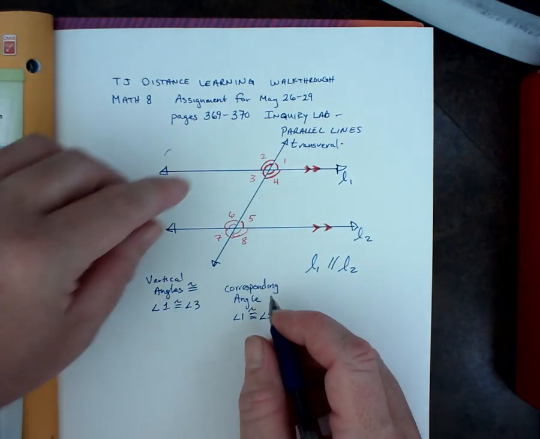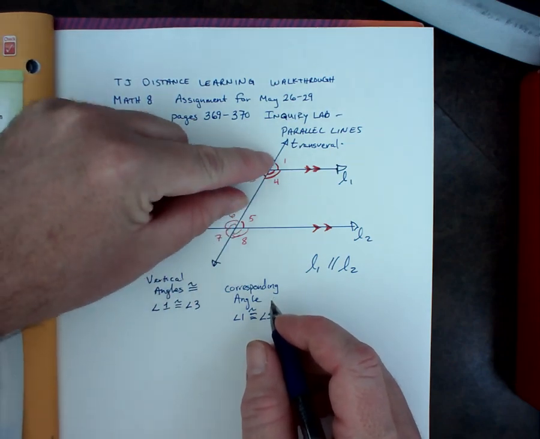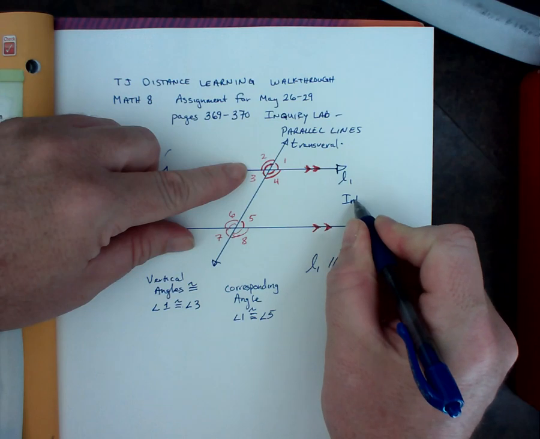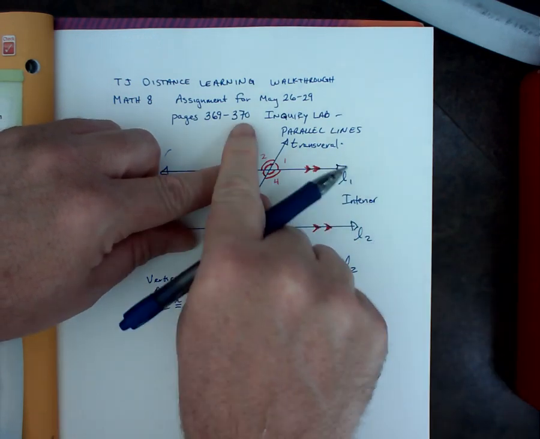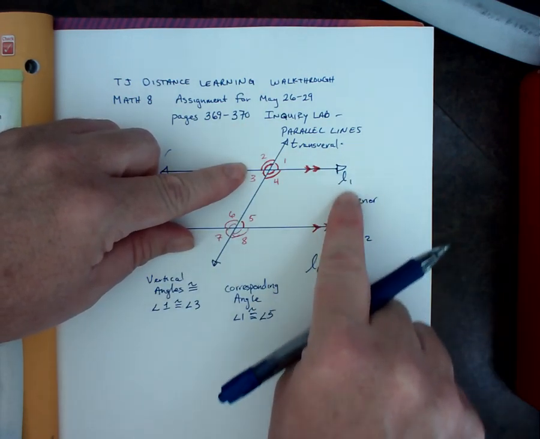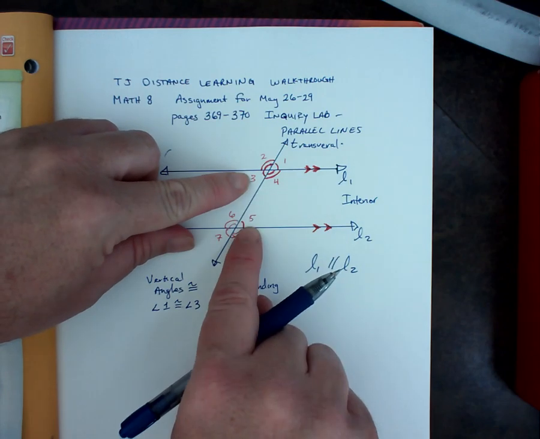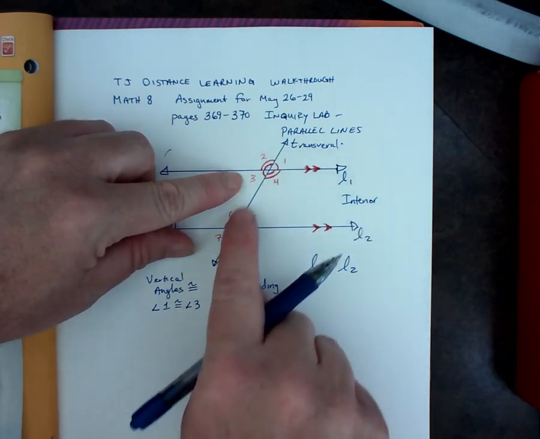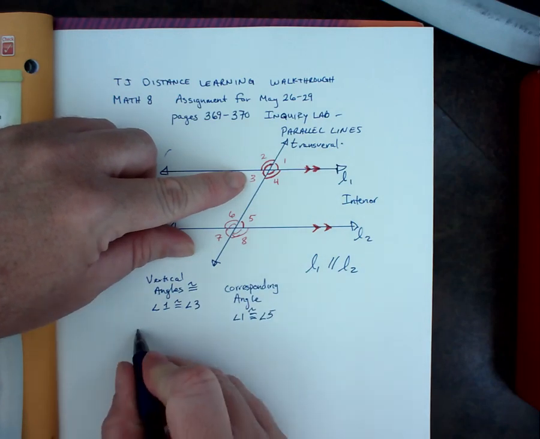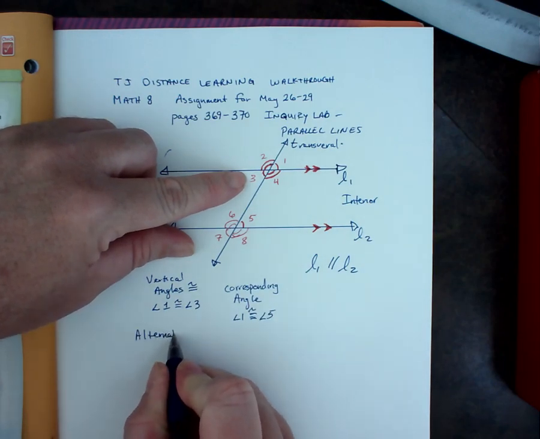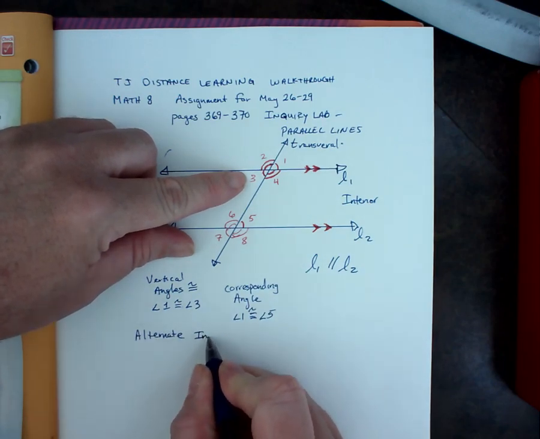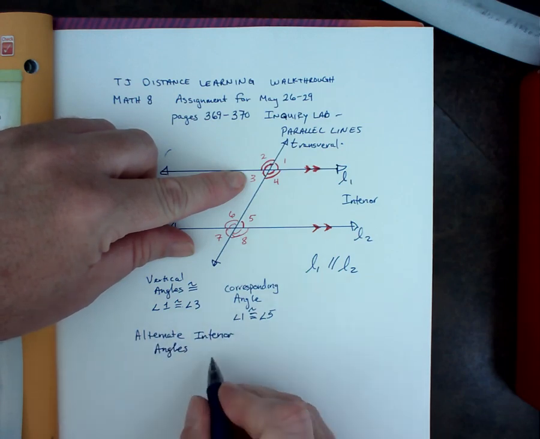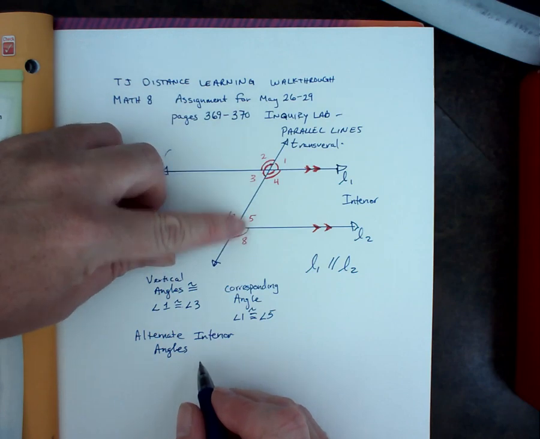We have corresponding angles. We also have interior angles. Remember we talked about the interior versus the exterior, the interior between the parallel lines. If they're on alternate sides of the transversal line, we say alternate interior angles are congruent, like 3 and 5.